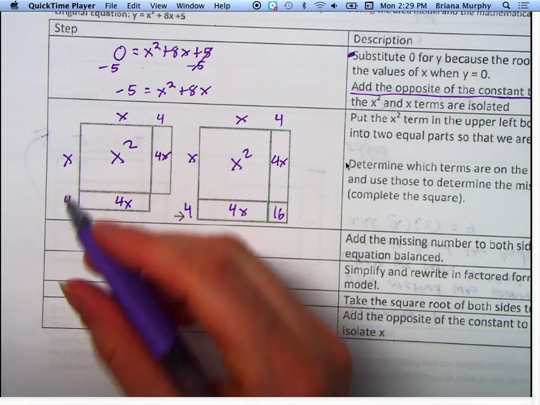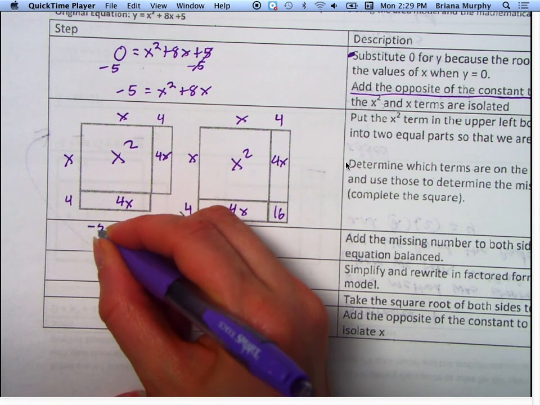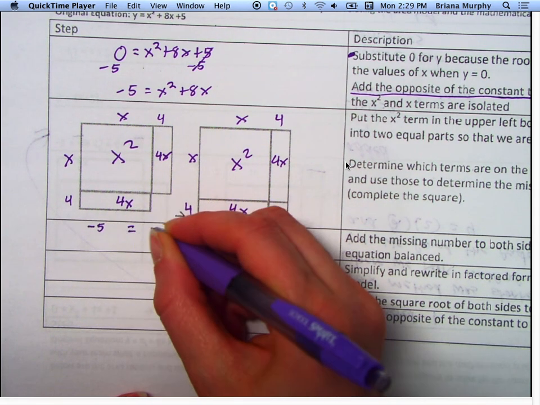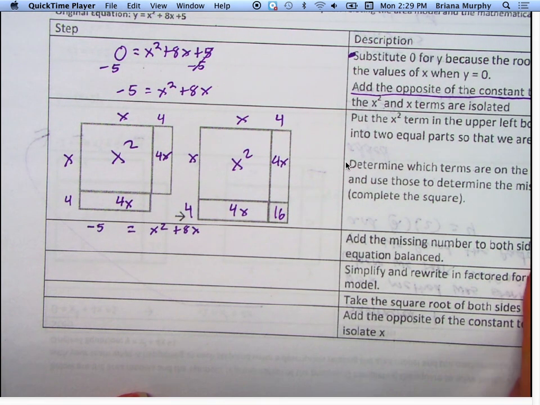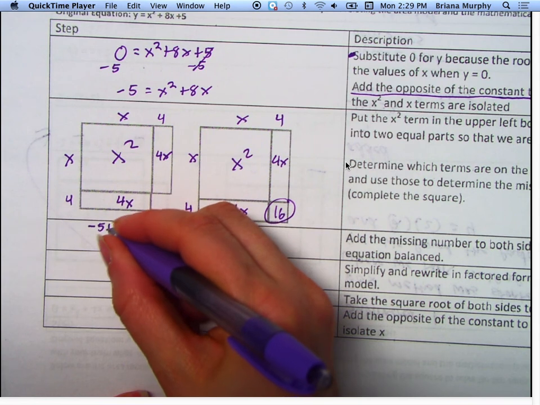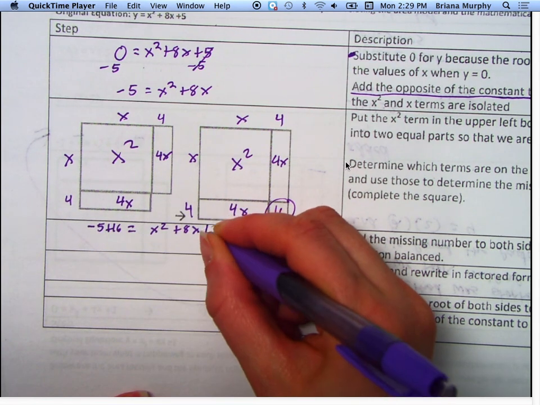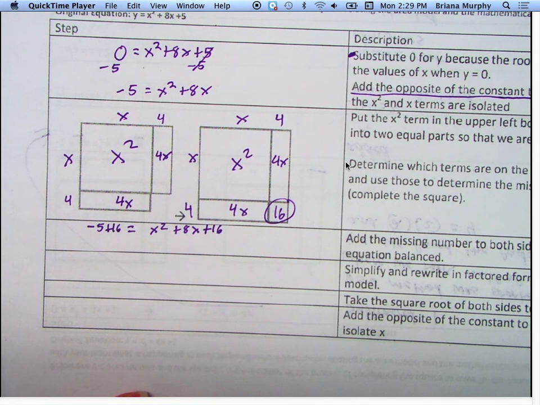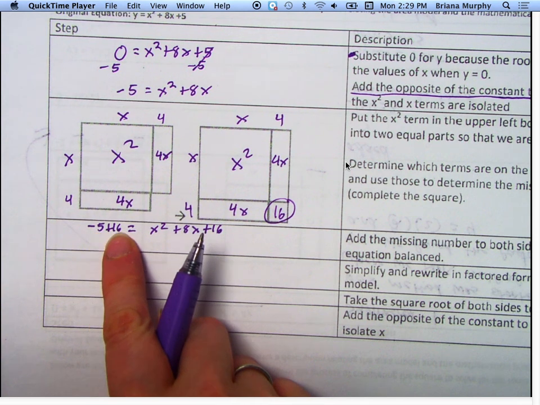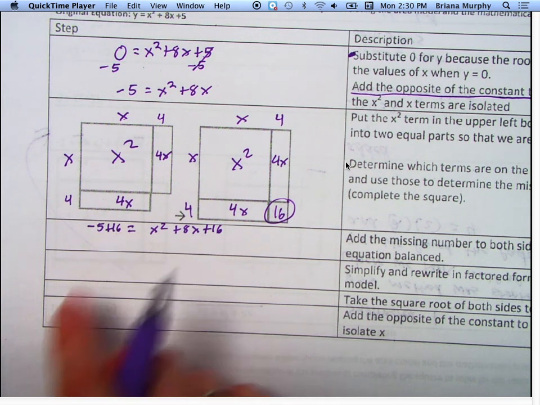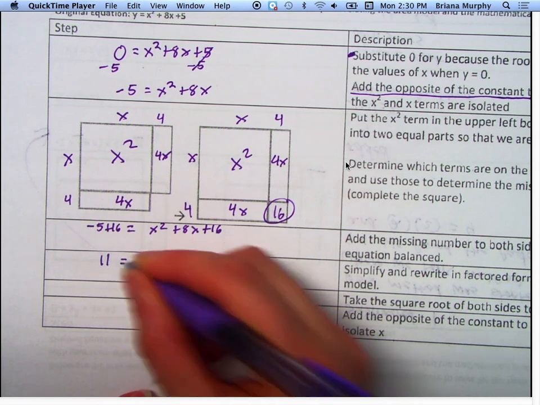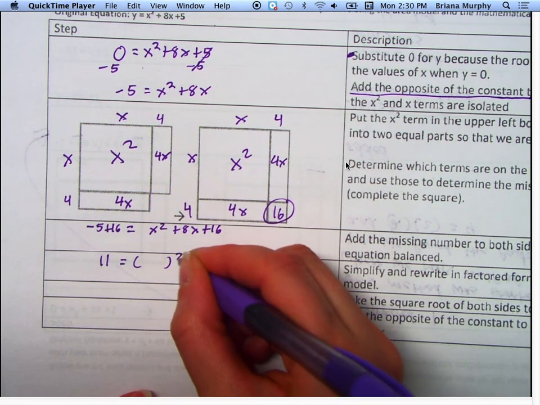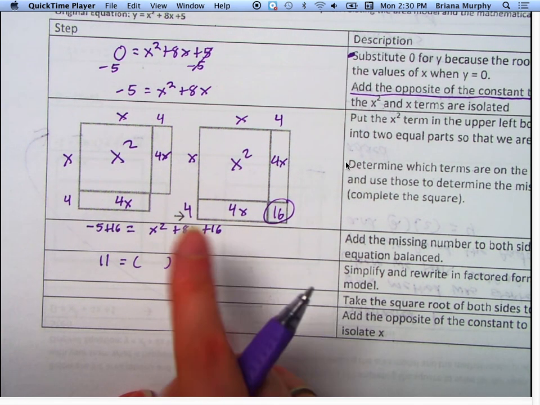Now I'm going to go back. I've got negative 5 equals x squared plus 8x, and it says to add the missing number, this number right here, to both sides. Plus 16, plus 16. So simplify, negative 5 plus 16 is 11. And we're going to factor this, x plus 4.